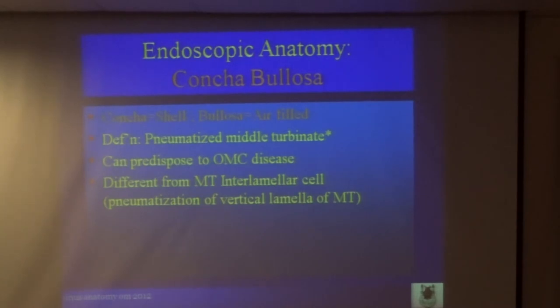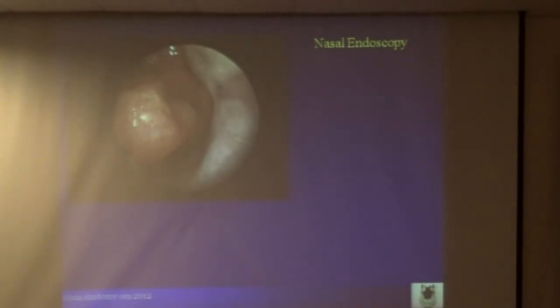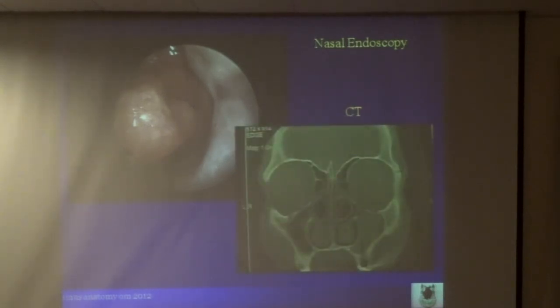Concha bullosa is air in the middle turbinate, but if this pneumatization goes up into the anterior part of the middle turbinate up to the skull base, this is called an interlamellar cell, and we'll show you an example of it. Just by a nasal endoscopic view, you should be able to realize that this is a concha bullosa and there's air inside the turbinate, even without doing a CT scan. Having a CT scan will confirm your diagnosis.